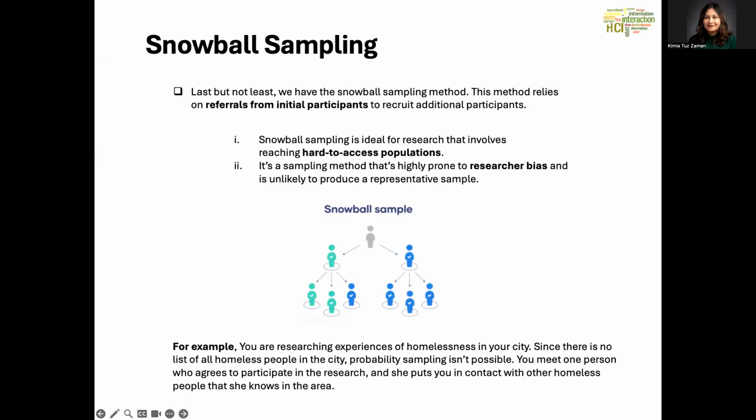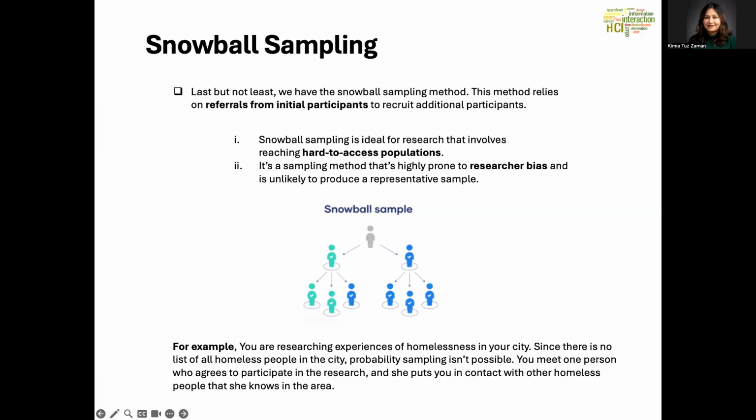Snowball sampling builds the sample through referrals. We start with a few initial participants and ask them to recommend others who fit the study. This is helpful for hard to reach populations where no good list exists, but the trade-off is that it's unlikely to be representative and can reflect researcher or network bias.